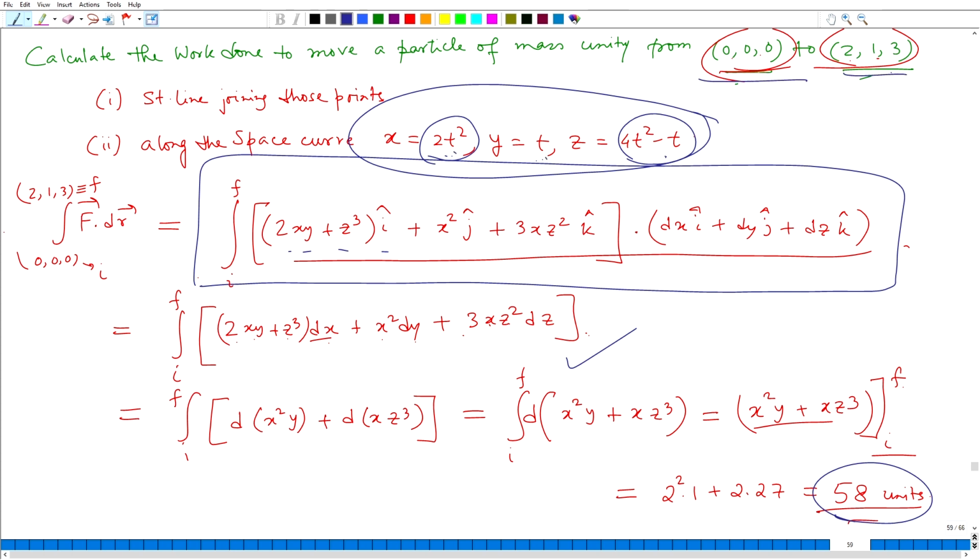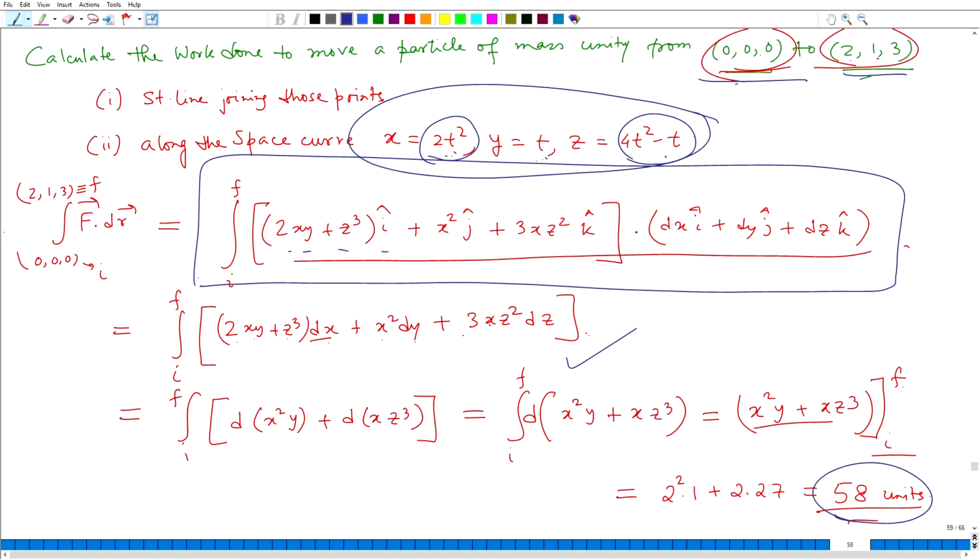So, again the same type of limits of integration will be applied there, but it will be a different variable, which is t. This is what we call a different type of parametrization. So, you will calculate and tell me what is the value, and you will see that this is exactly equal to 58.